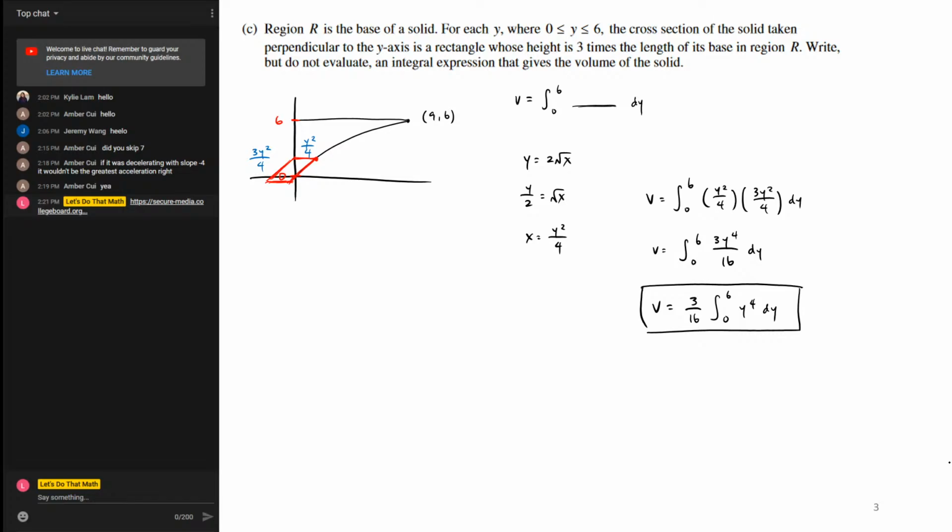Any questions with this one? So this problem, as you can see, is really testing whether you understand areas, volumes, like the disc and washer method, or this cross-section technique.